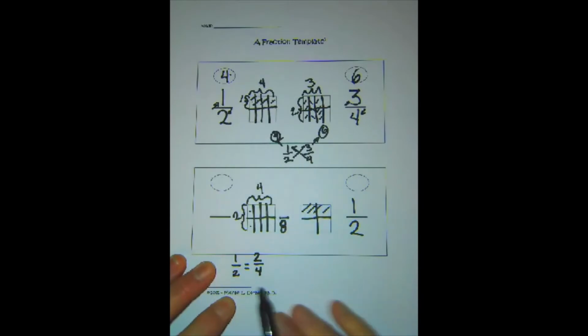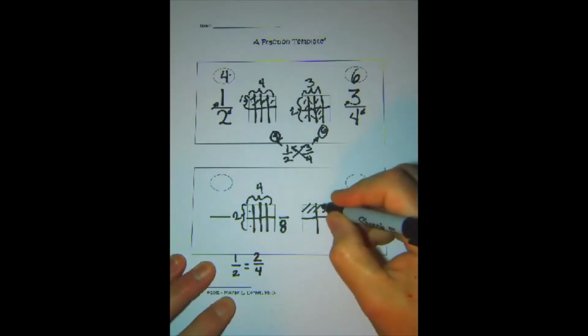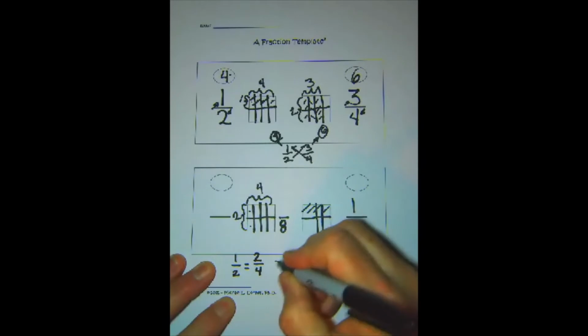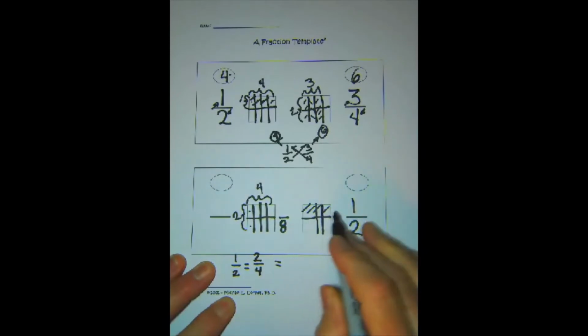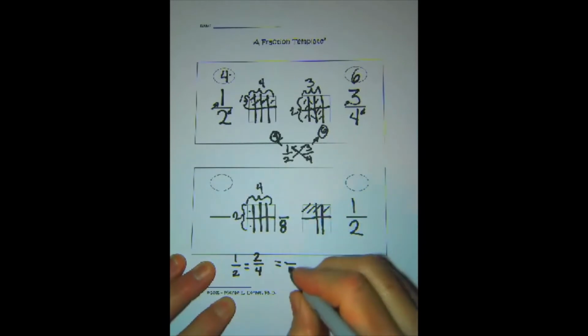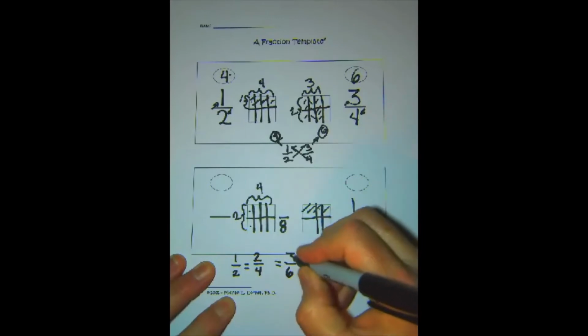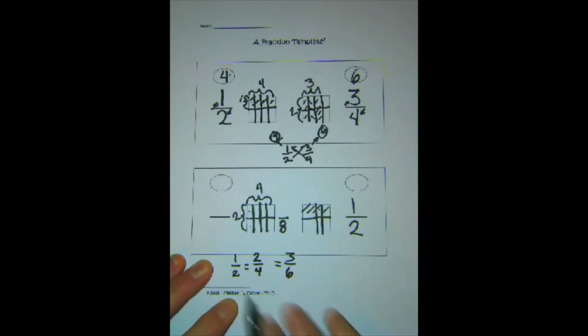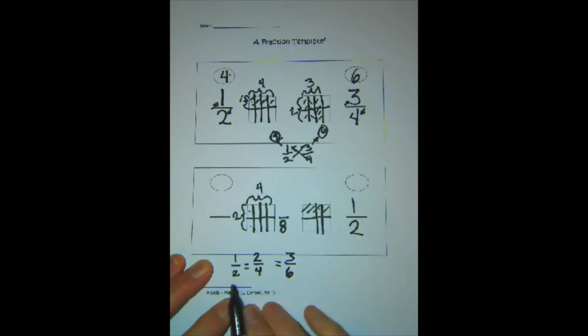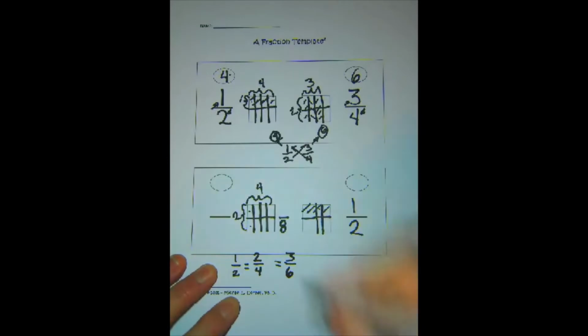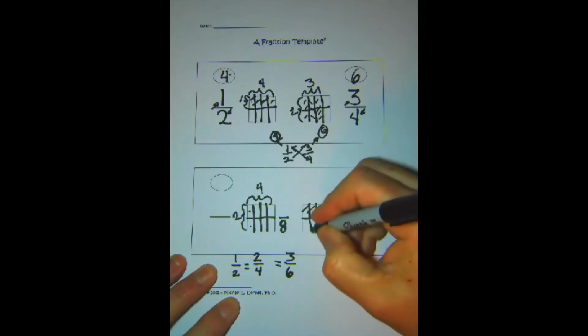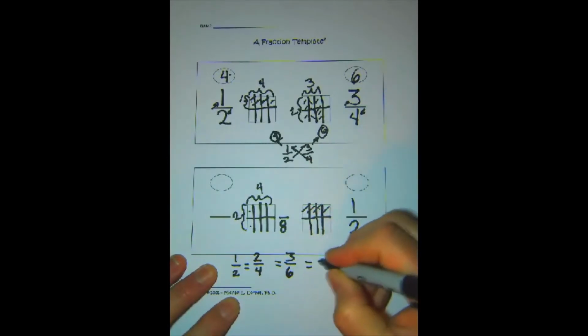If I cut it again, now I have 1, 2, 3, 4, 5, I have 6 pieces in all. 1, 2, 3. I have 3 of the 6. And because we're not changing the actual representation here, we're just cutting it into more and more pieces, each of these fractions are equivalent to one another.